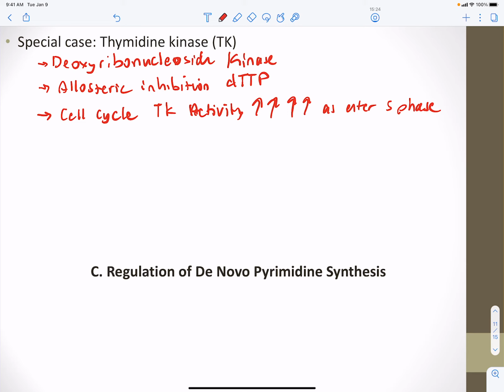Okay, and so this is what has been used in labs in order to incorporate radio-labeled thymidine for isotope labeling of DNA.